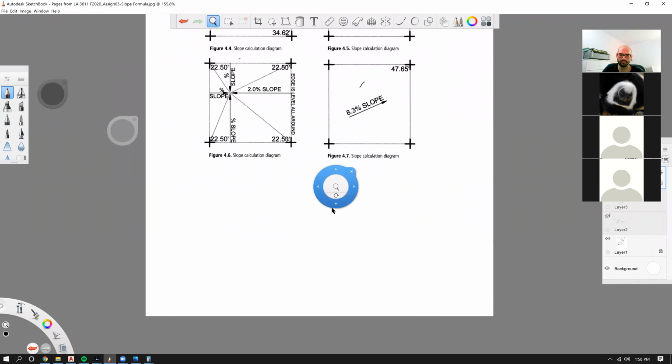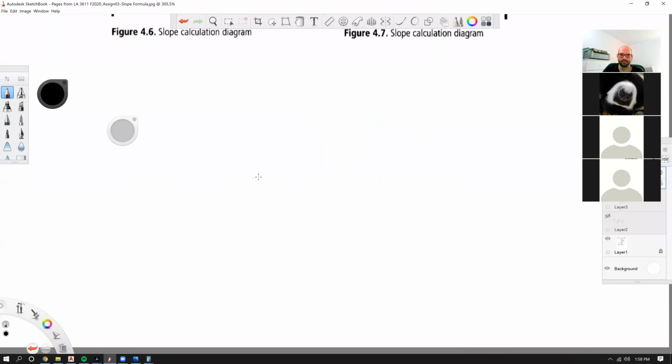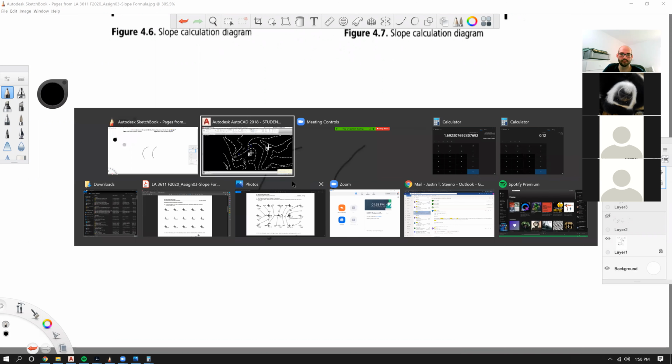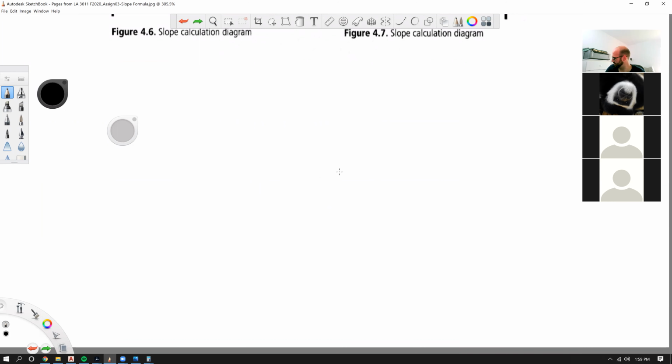We have our contour, and we have our point, which was kind of in between them. No, let me bring the actual drawing into this program. One second.